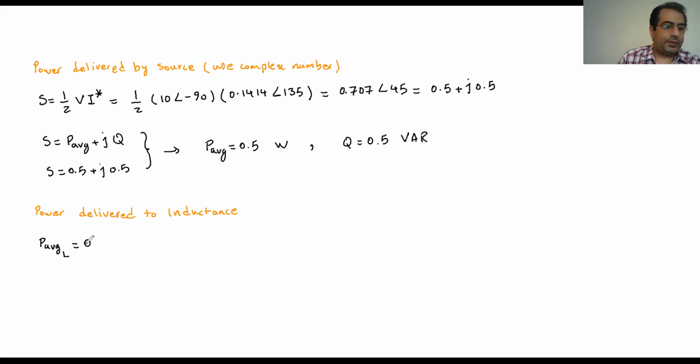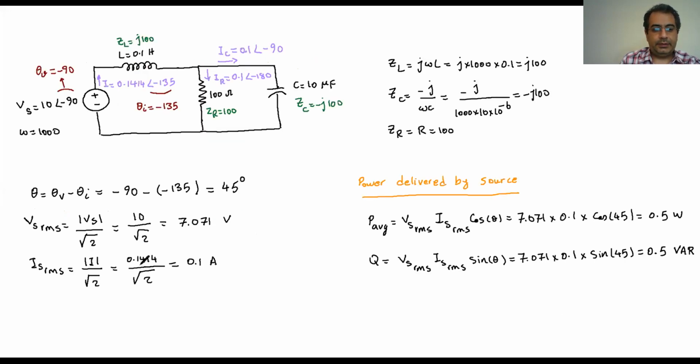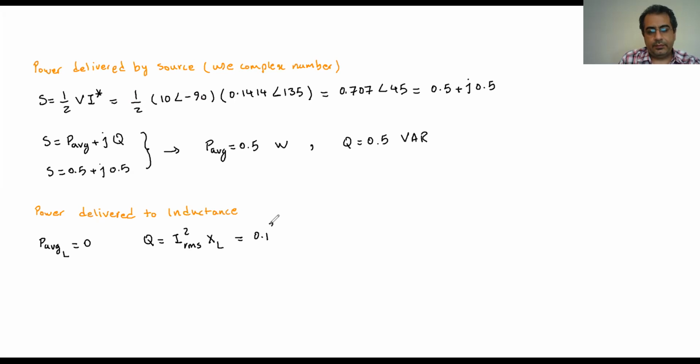But the inductive power provided to that is going to be I RMS squared times the XL. The I RMS here is the same as the one that we have here, so it's going to be 0.1 amp to the power of 2.